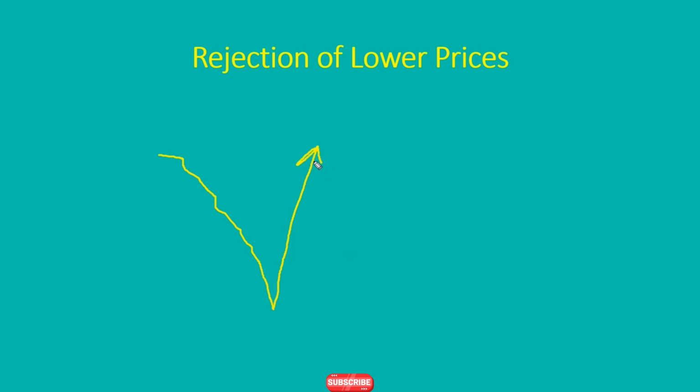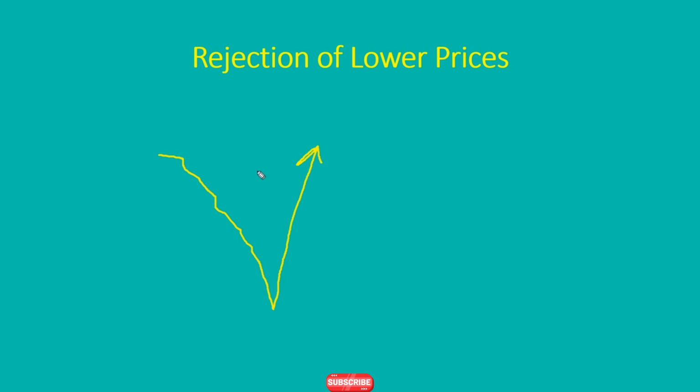What this means in trading is that sellers are aggressively pushing the price downwards, and then the price hits some support and strong buyers start jumping very aggressively in the market, and they start pushing the price in the opposite direction. In this case, they start pushing the price aggressively upwards. So this is basically what sharp rejection of lower prices is.